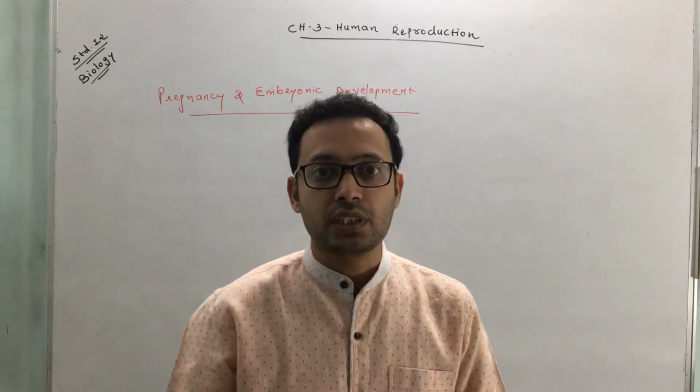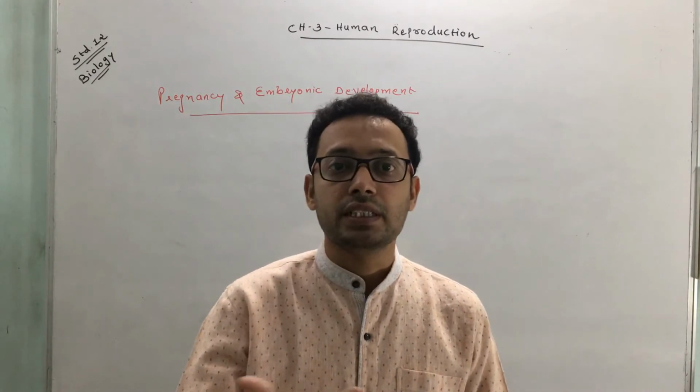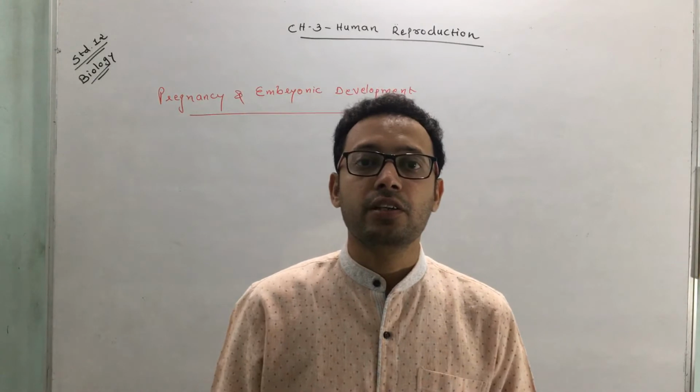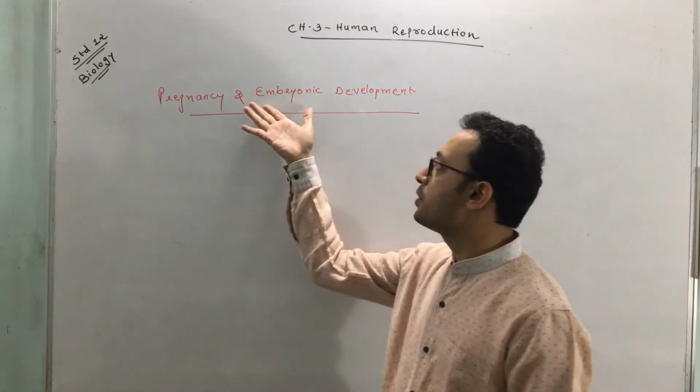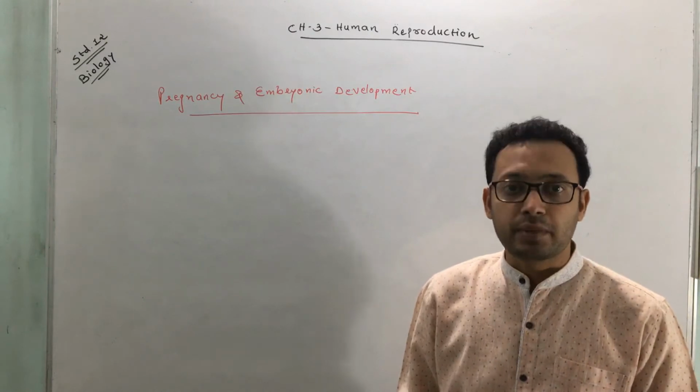Once the blastocyst implants to the wall of the uterus, the pregnancy or the development starts. What kind of changes take place and how the embryo develops, we have to discuss in embryonic development.